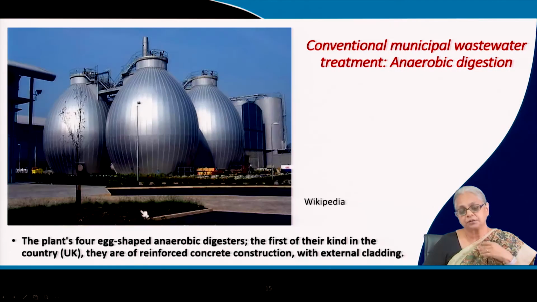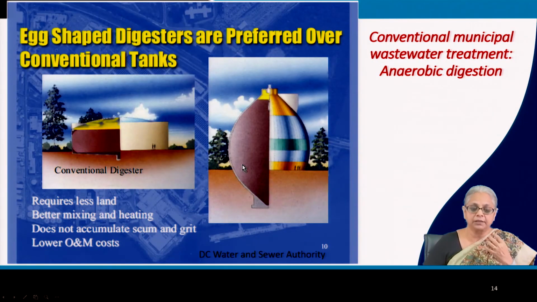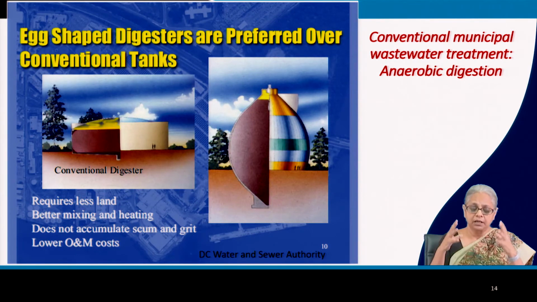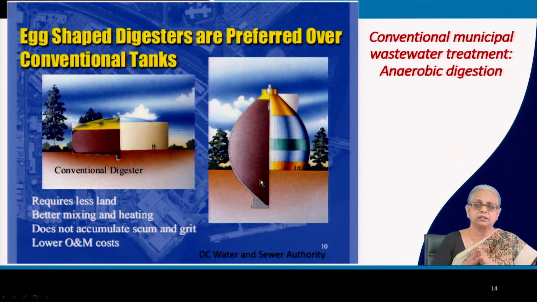The second thing is, we are told that you get automatic mixing and collection of the biogas is more efficient in the egg shape because of the nature of the shape. So because of that, the gas collects very easily at the top and it can be drawn off easily. And because it's narrow at the bottom, what I was told was that you don't need to mix it, because as the flow comes in, if the flow is low, it's the narrow part of the digester that's being used.